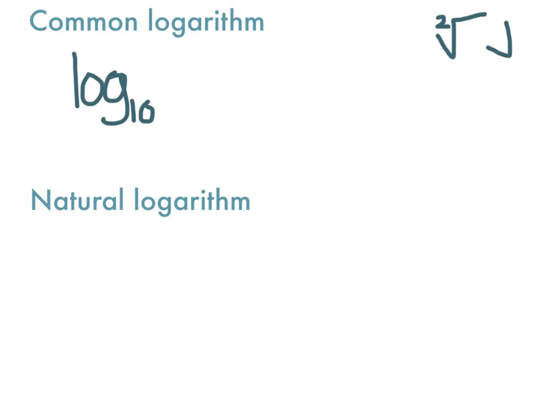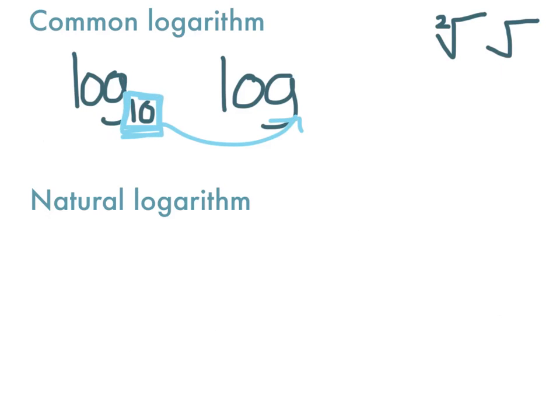You just know that this symbol means square root. If I wrote the word log with no base, then I would understand that that base is 10. So if there's no base written, then you know it's supposed to be log base 10. And there's a button on your calculator that will do log base 10. It's over there on the left. It says log, really big, and that would be log base 10.